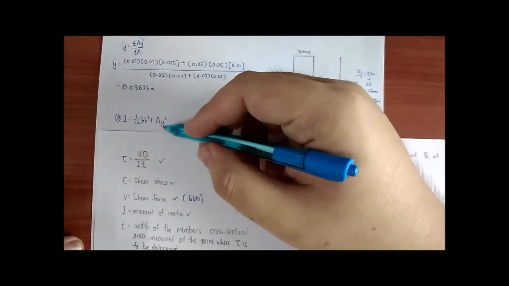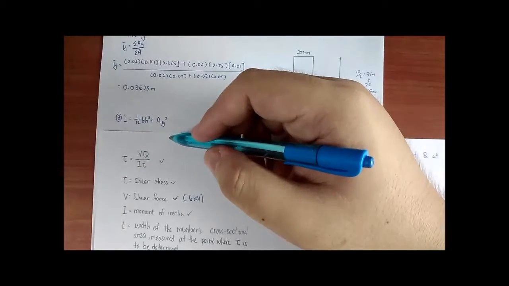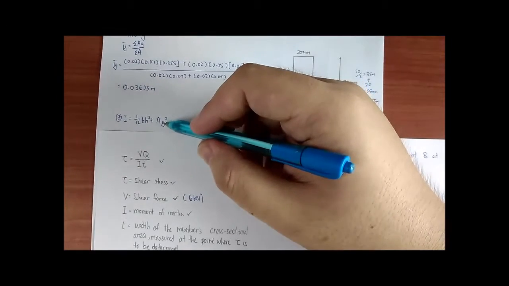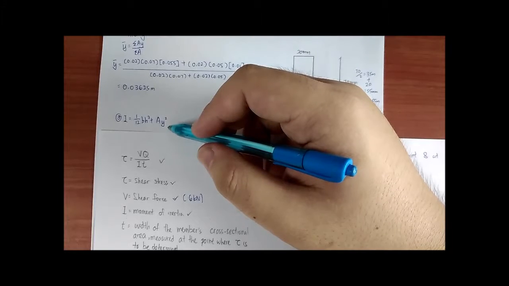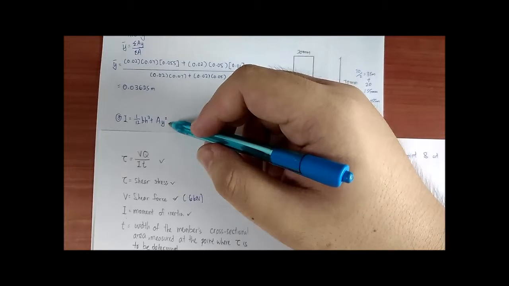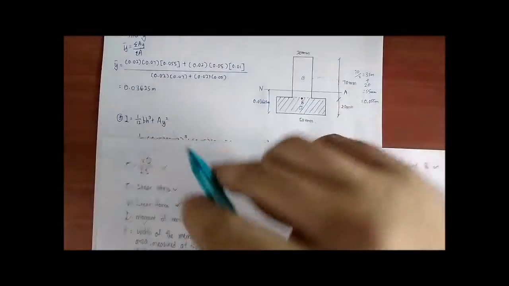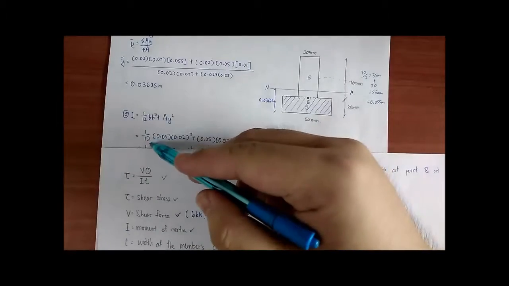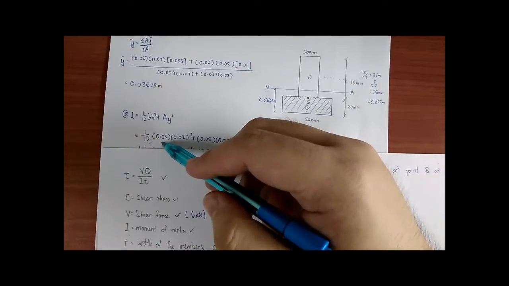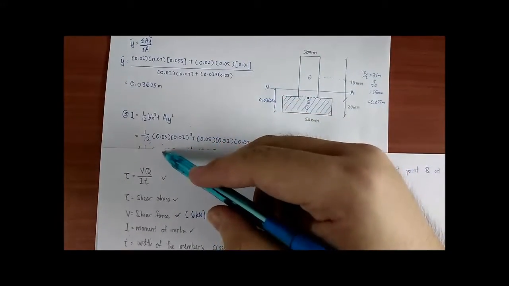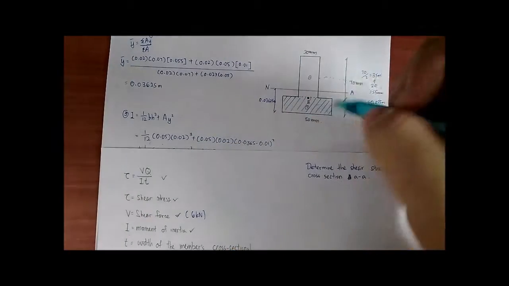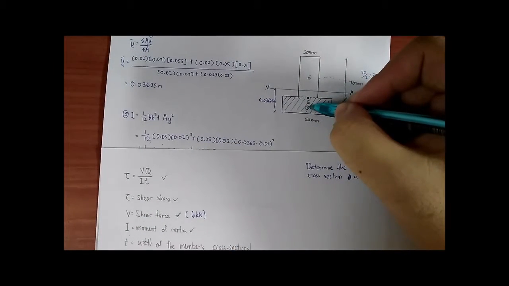So y is the distance from the centroid of the shape to the neutral axis.